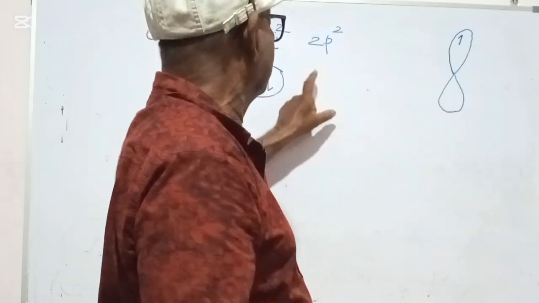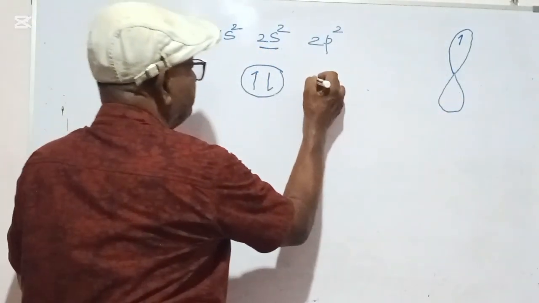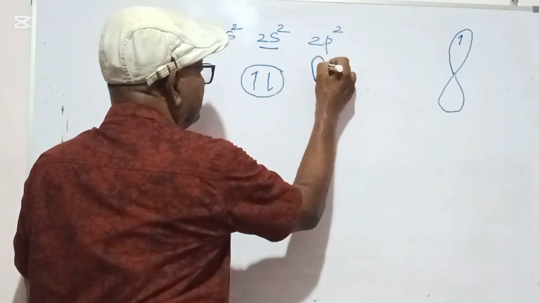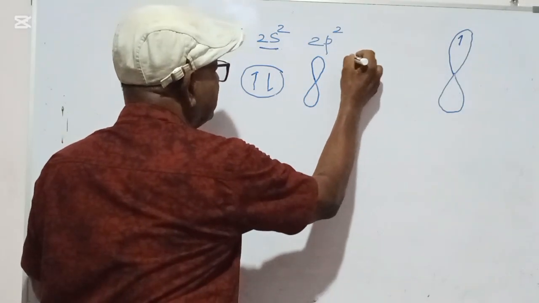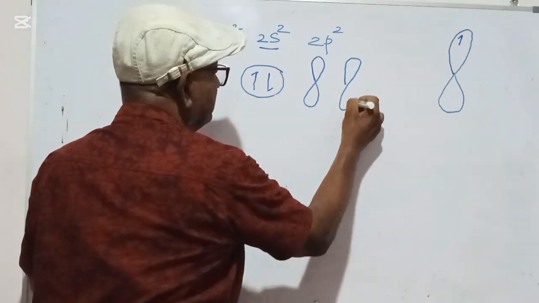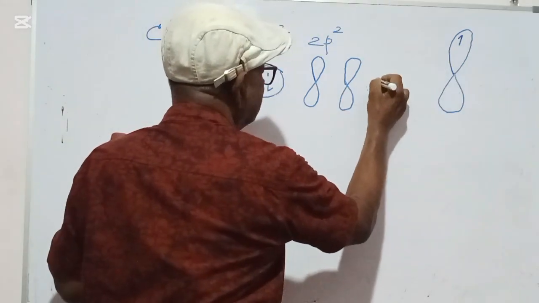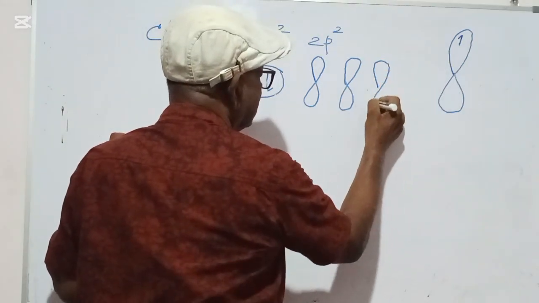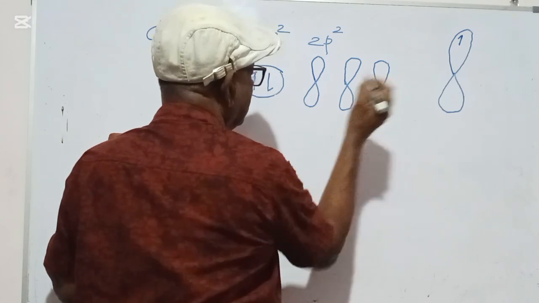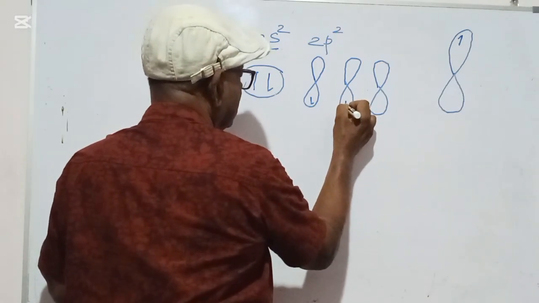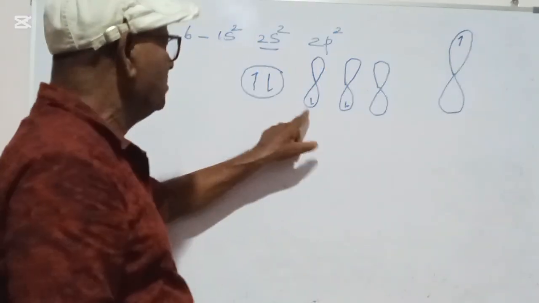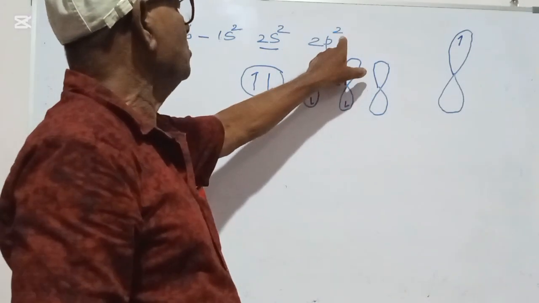Then I draw here. These are the dumbbell shaped 3 p orbitals. Only 2 have electrons.